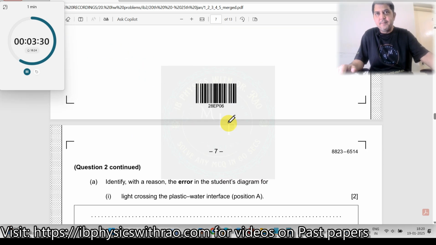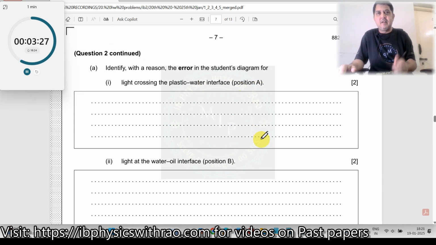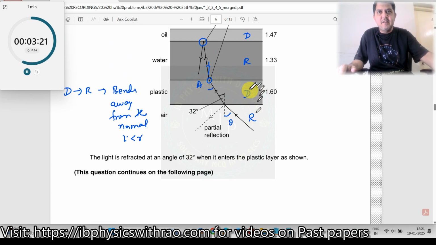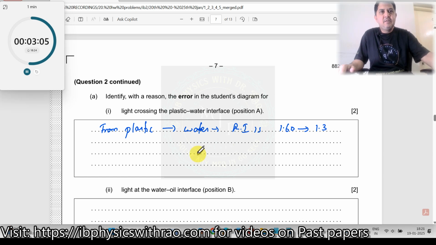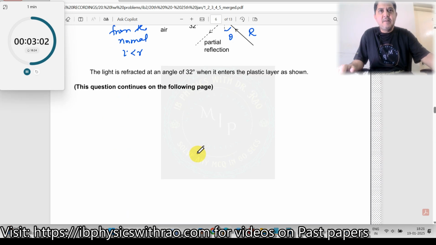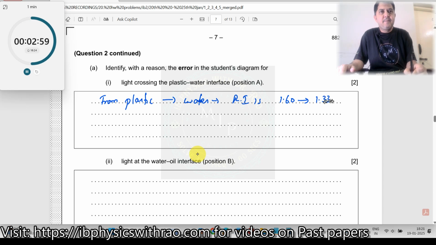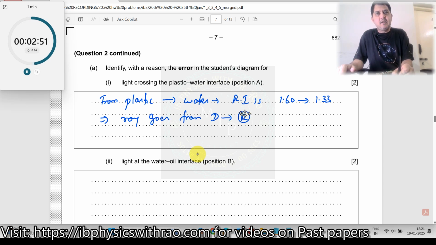So what is the first question? Let us go step by step. Position A: from plastic to water. The refractive index is 1.60 to 1.33, which implies the ray goes from denser to rarer.